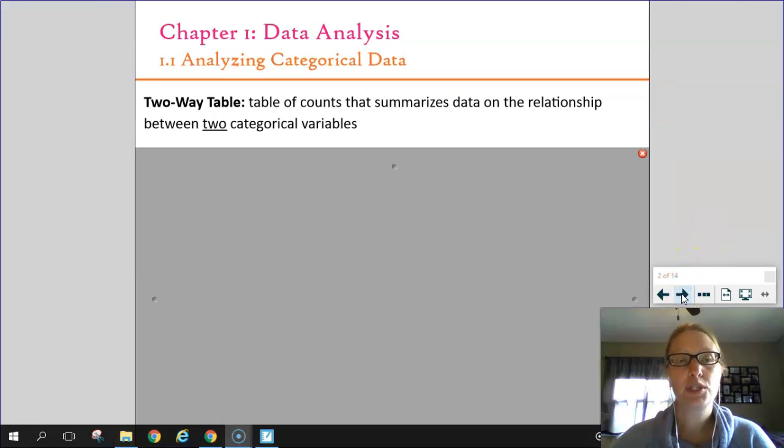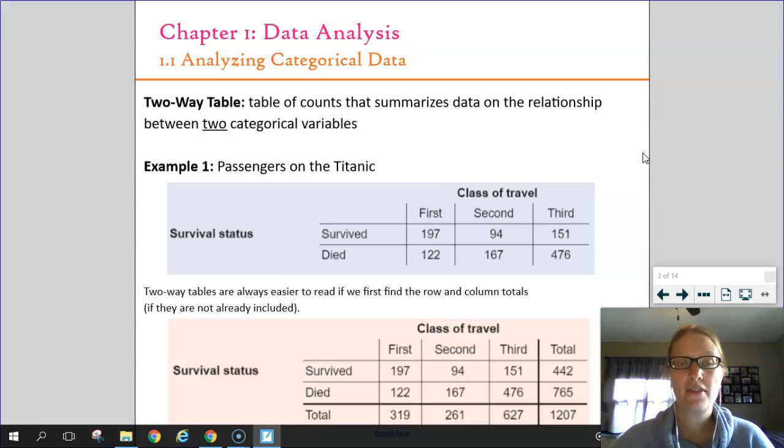That was an example of a two-way table that showed counts which summarized data on the relationship between two different categorical variables, class of travel and survival status. That data is from passengers on the Titanic. Notice that the data you looked at in the first slide, the blue table, only listed the number of counts in each category for survived or died and first, second, and third class.